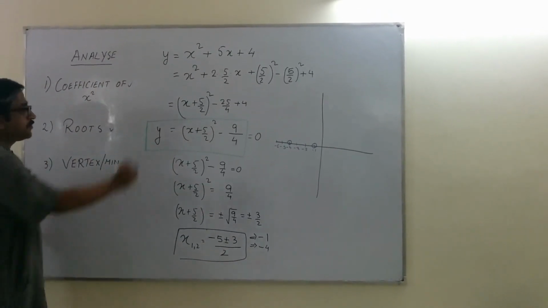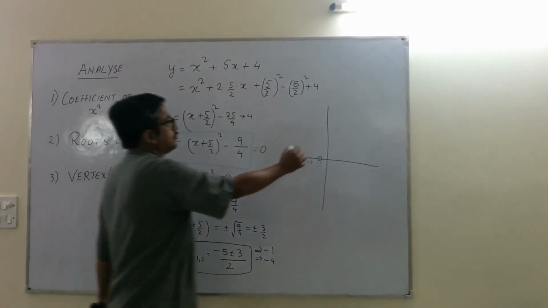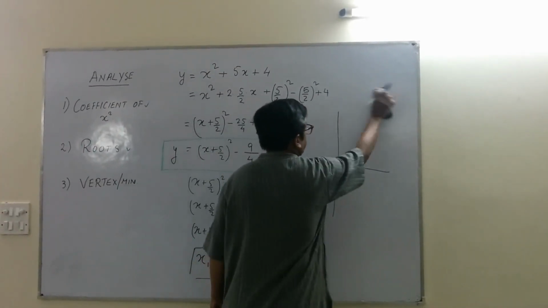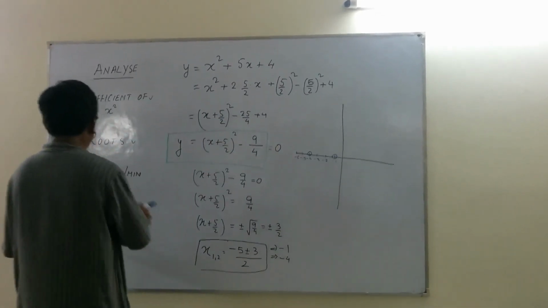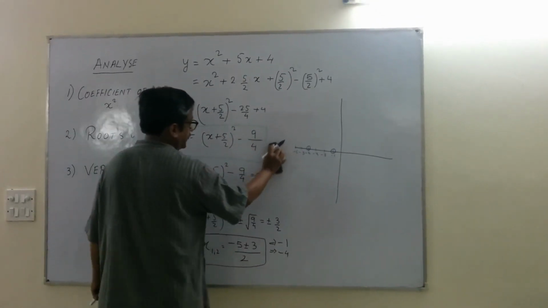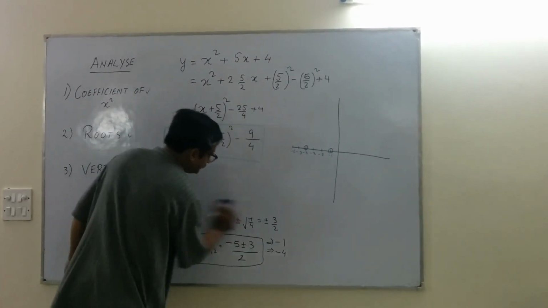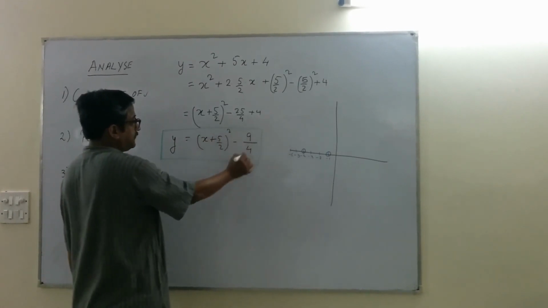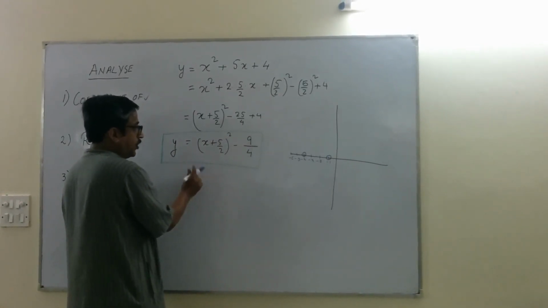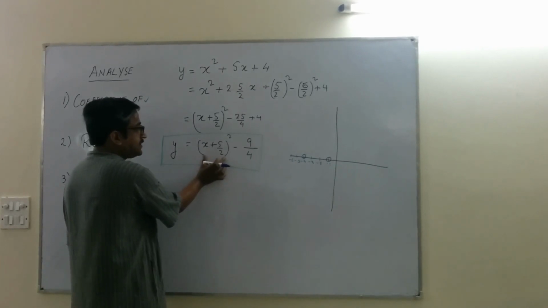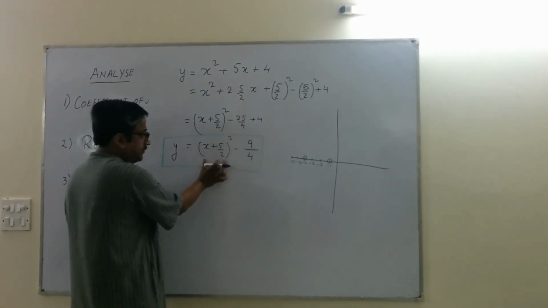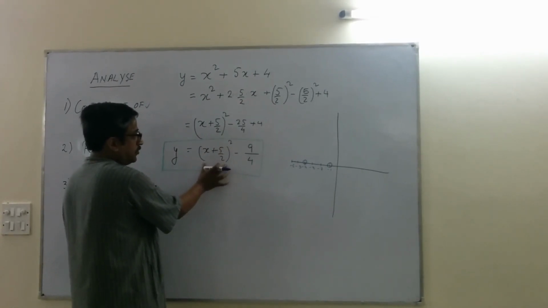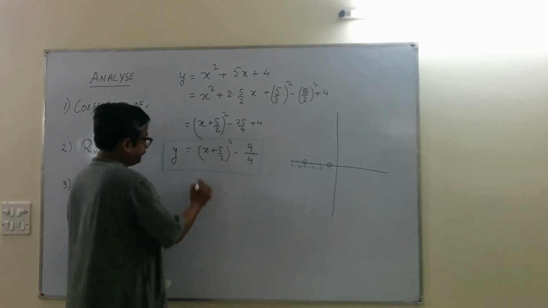We know the coefficient is positive, so it's going to look like this. It's an upward parabola, and we are trying to plot it. So what comes next? The minimum or the vertex. The minimum value of this will occur only when this part is 0, because the square can never be negative. The minimum value of the square is 0, so we equate this to 0.